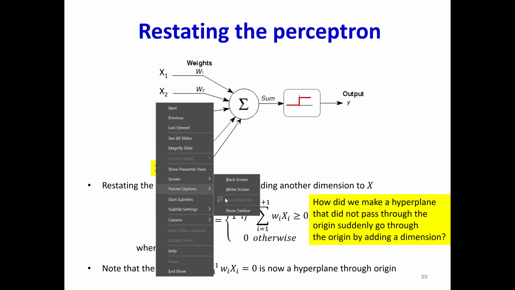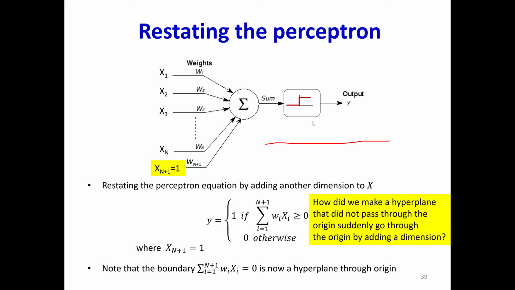So let me try to draw this if I can. You had these inputs, and earlier you had a bunch of positive class inputs and a bunch of negative class inputs of this kind, and maybe the origin was here, right? So you're speaking of a threshold which is positive. When I add an extra dimension, what happens is that the positive class inputs end up over here, where the Z values are 1, because the extra dimension value is always 1, right?